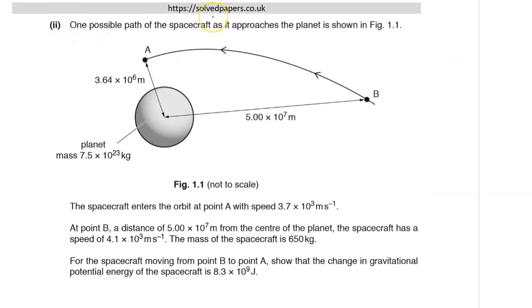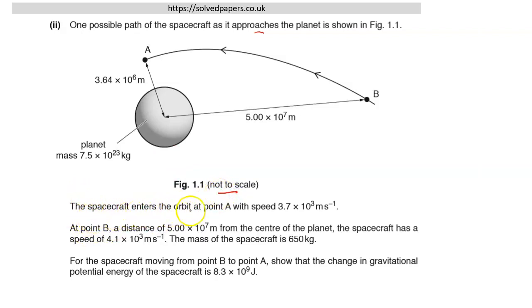Part 2. One possible path of the spacecraft as it approaches the planet is shown. Okay, this is the planet. This is one possible path as it approaches that. This is not drawn to scale, take note of that.